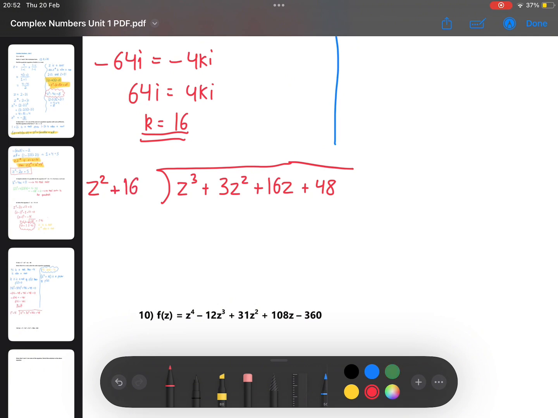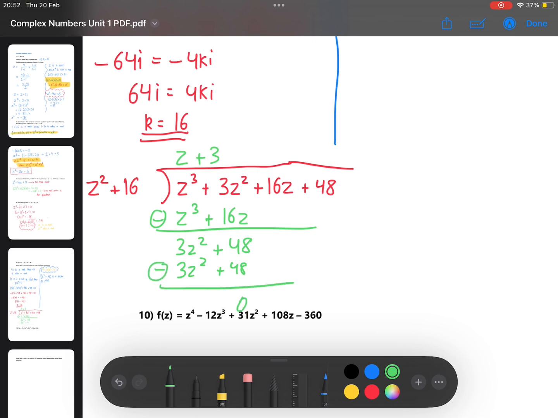So to do that, we'll have z cubed plus 16z, subtract, we get 3z squared plus 48, plus 3z squared plus 48. We get a remainder of 0, which is what we want, and we have this as the quotient.